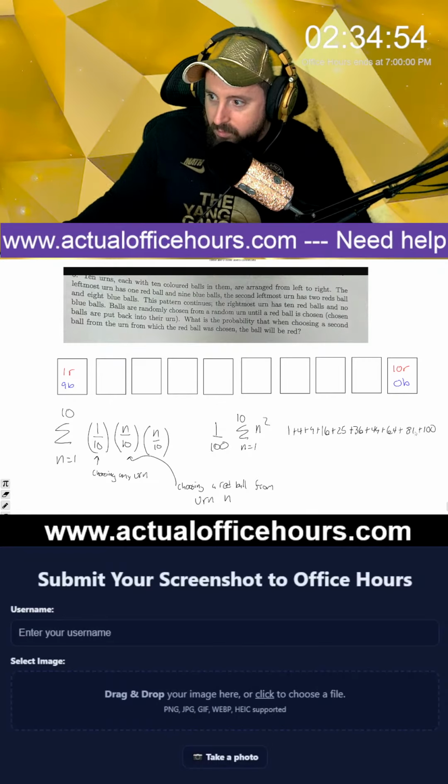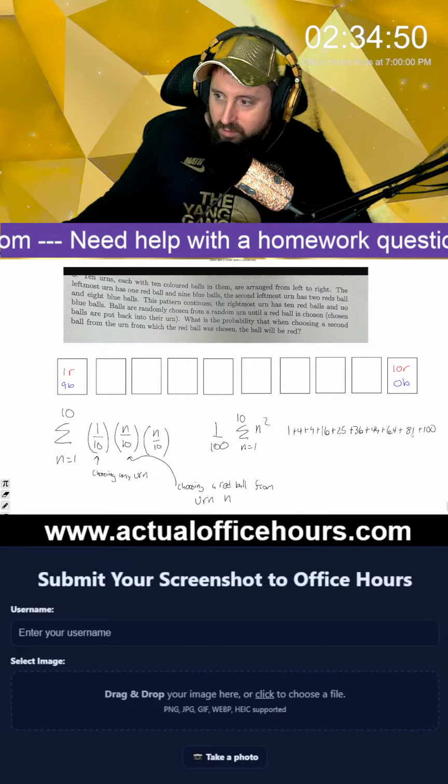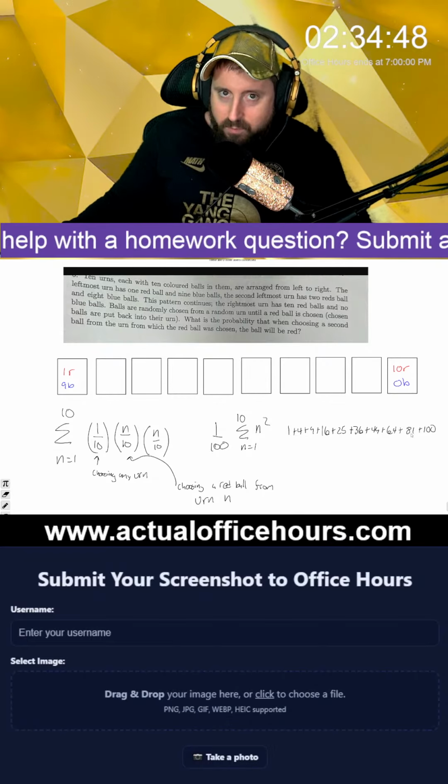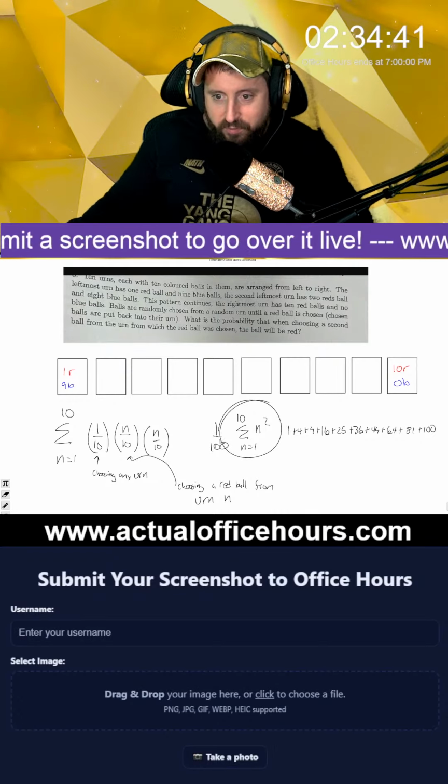Right? Ooh, is that how that works? Is it n plus 1 to n plus 1? Oh, I think JC's right. Yeah, there is a simplification for this, isn't there?